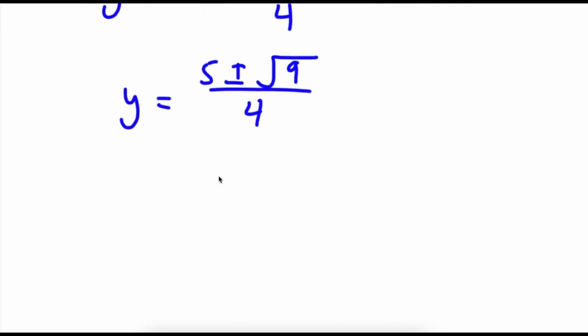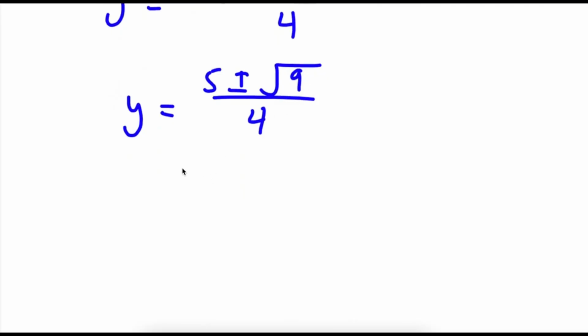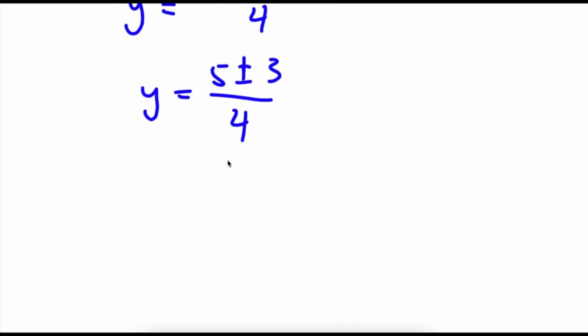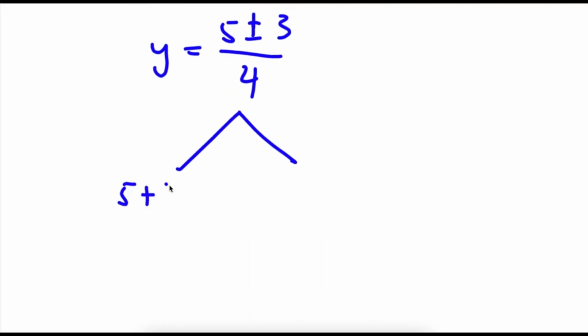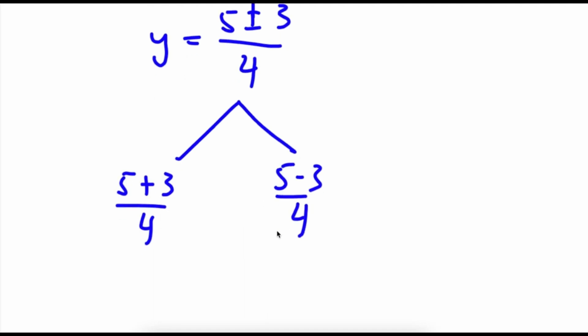This means, well, first off, the square root of 9, that is equal to 5 plus or minus 3 over 4. And now this gives me two solutions. I have 5 plus 3 over 4, and I also have 5 minus 3 over 4.